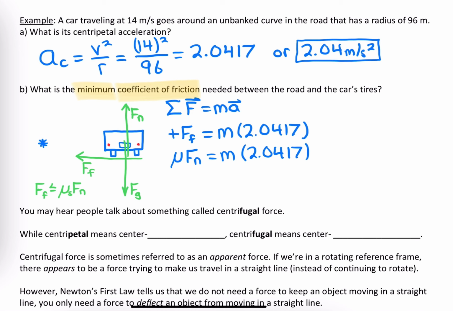Thing here is, we don't know what the normal force is. And we don't know what the mass of the car is. But we know that Fg equals mg. And we already talked about how, in this case, the normal force and the force of gravity have to have the same magnitude. So that means force normal is the same as force gravity, which is mg.